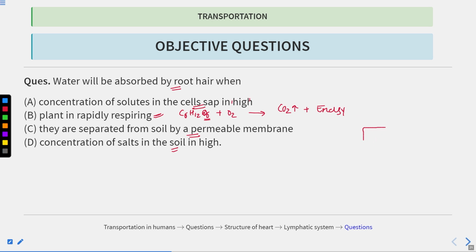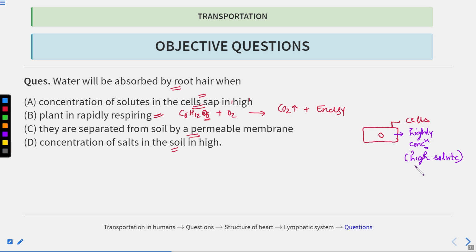All right, so let's understand this by this figure. This is the cell of the root hair. If the solute potential is very high here, or we can say the cytoplasm or the cell sap here is highly concentrated, it means it has a very high number of solute particles.